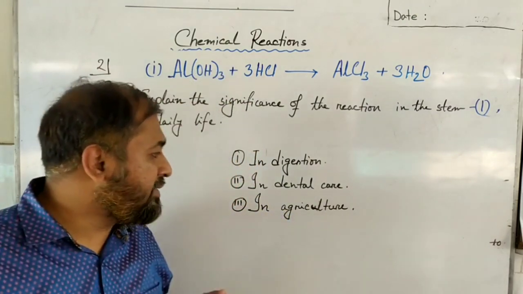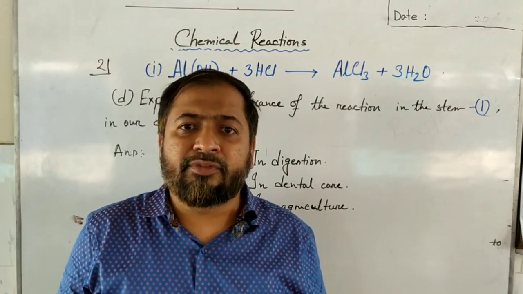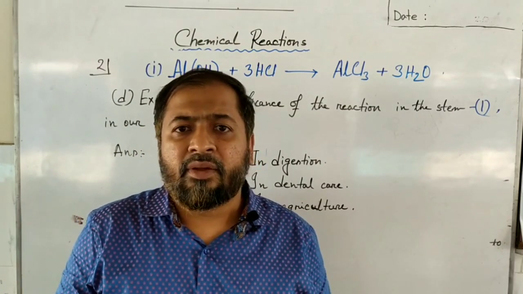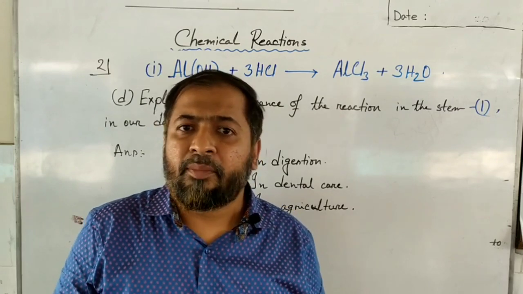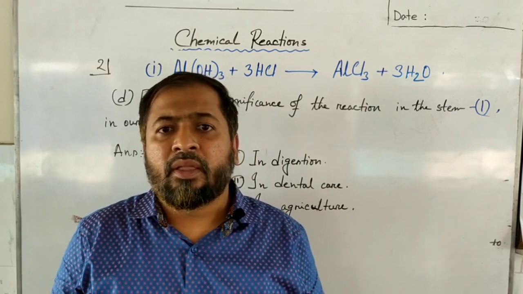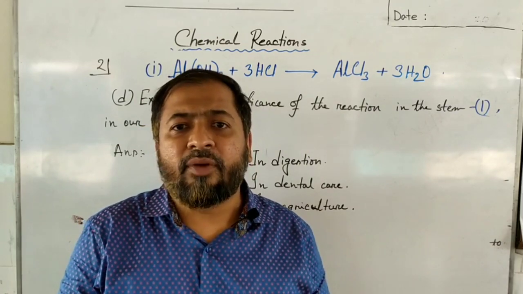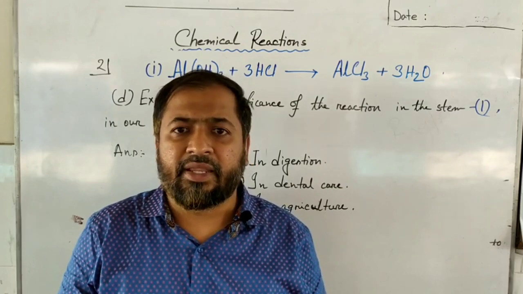And in the third case, in agriculture, plants take different types of minerals, for example magnesium, potassium, calcium from the soil, which causes the infertility of the soil and the acidity of the soil increases significantly.